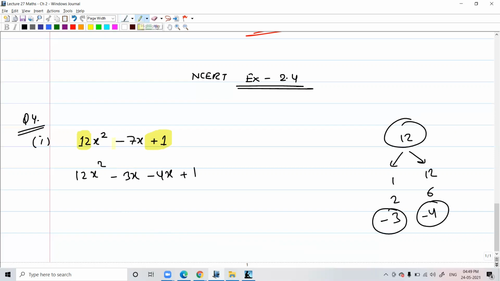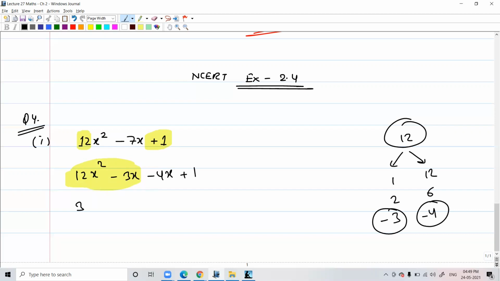Next thing, we have to take the first two terms as a pair and see what is common between them. As you can see, this is a 3x and this is a 12x square. I think 3x is common over here, correct? I can take the number 3 because 3 fours is 12 and 3 ones is 3. So 3 is common in both of them. And x is here and there is an x square, so only x can be taken out.